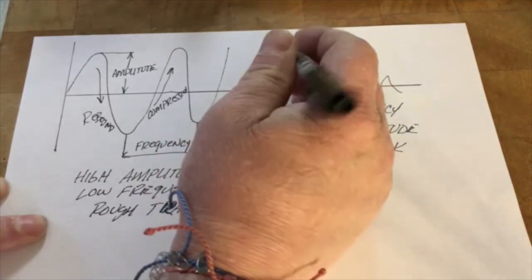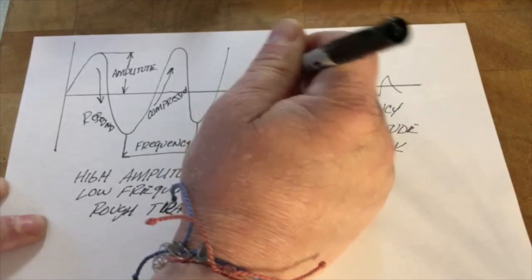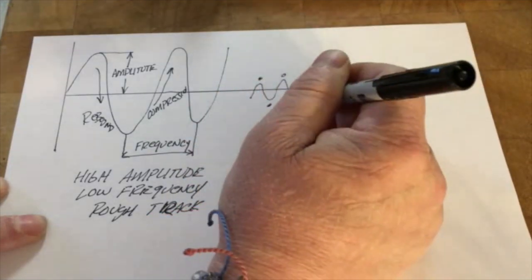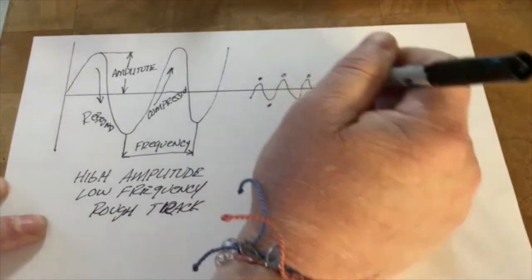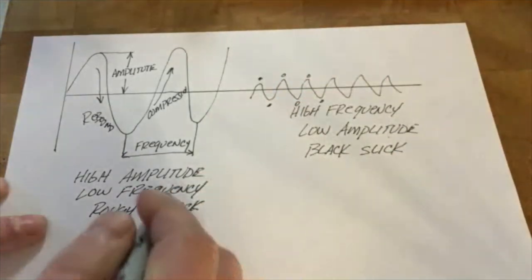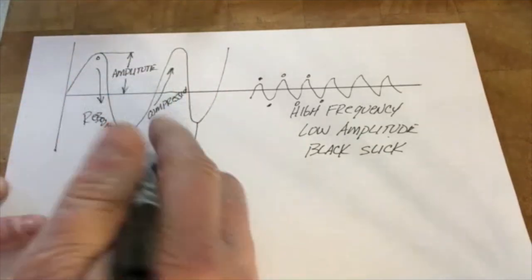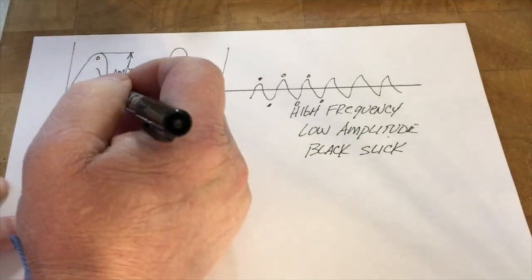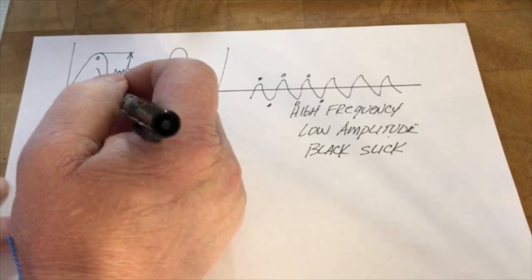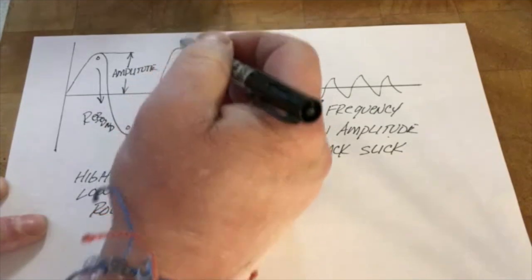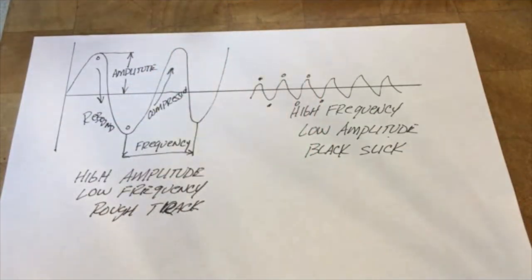So at the top and the bottom, at each cycle, your shock would end up at 0 inches per second, right? And then this would be the fastest right here, and then it would start slowing down, and then it would start going up again.